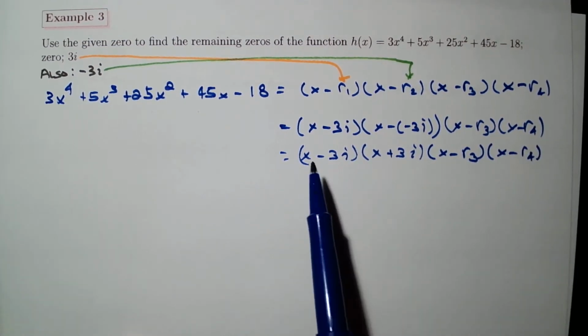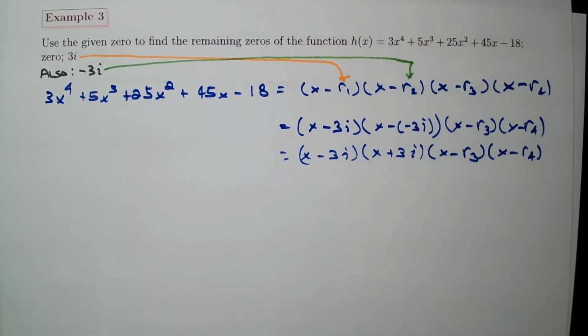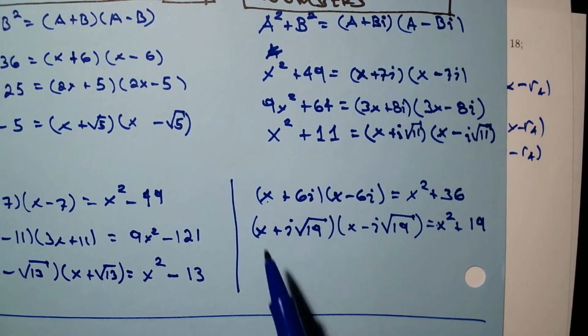All right, if you identify this form, remember what we did on the previous video. Let me see if I have those notes here. I believe I do. Let me check if I have that example in particular. Well, I had something like this on the previous video, but I had it with a 6.